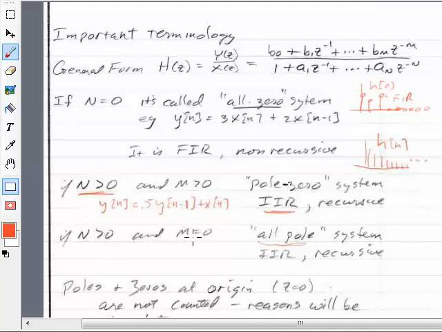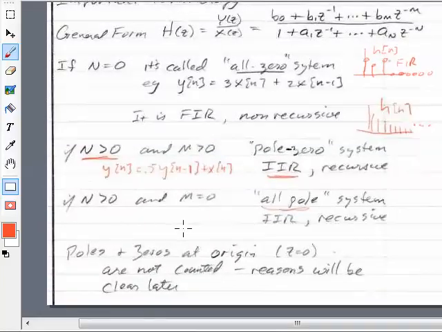When m is 0 and n is bigger than 0, so there are denominator terms, but no numerator terms except for that constant, that's called an all-pole system. And this actually is an example of an all-pole system. So there's some terminology: all-pole, pole zero, all zero, and of course you have to know whether they're FIR or IIR.